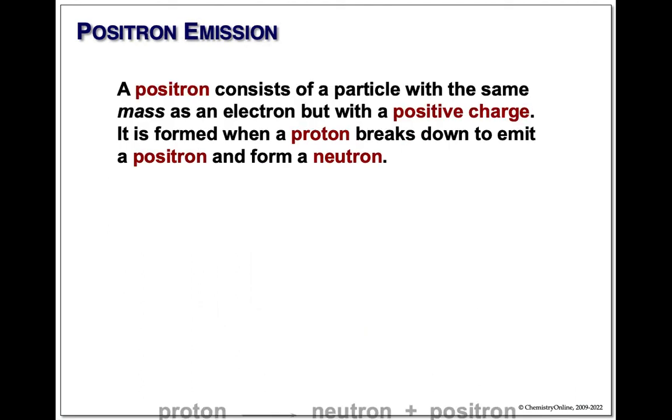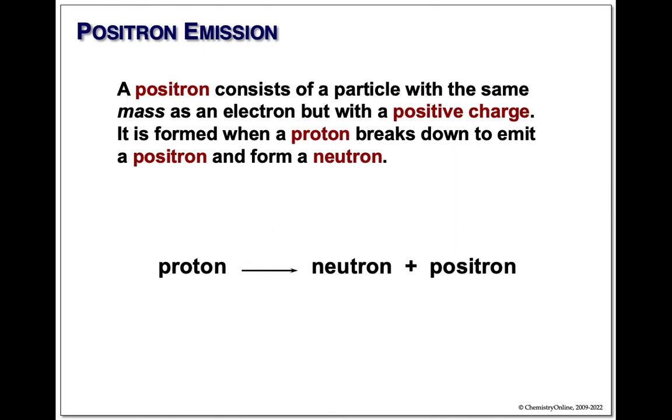In positron formation, you have a proton that is tired of being positive, and so it sheds its positive charge as a positron. That converts it to a neutron. Now, what is a positron? A positron is a positive electron. A positively charged electron.